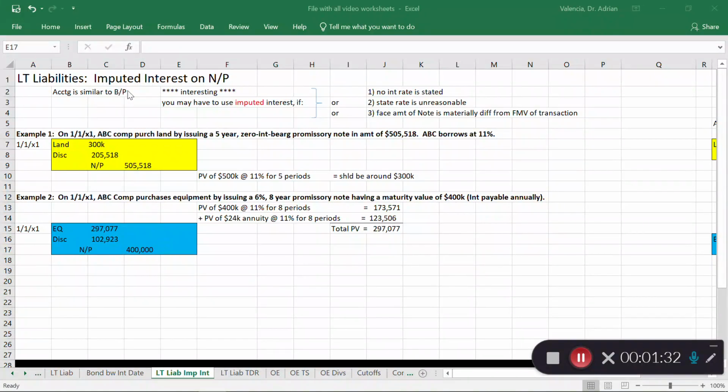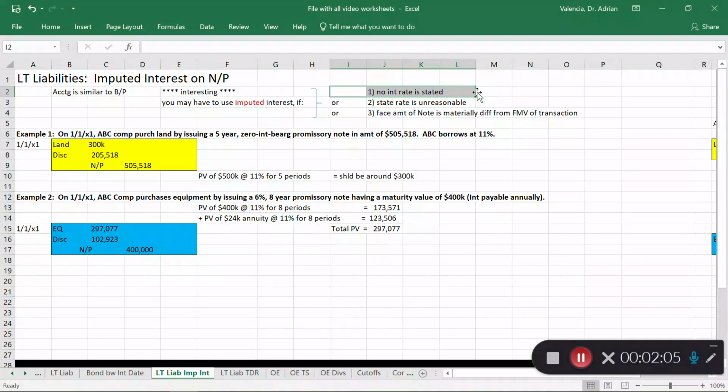So this idea of having to impute interest, in my opinion, is kind of interesting. And when is it that you have to do this? Well, you have to impute interest whenever you have a scenario where there is no interest rate stated. You might have seen some promotions in your everyday life where they tell you that you can buy something and pay for it over the next 2-3 years with 0% interest, or no interest, they might say.